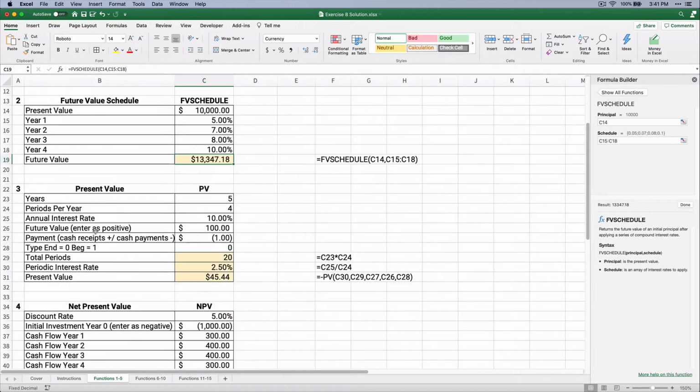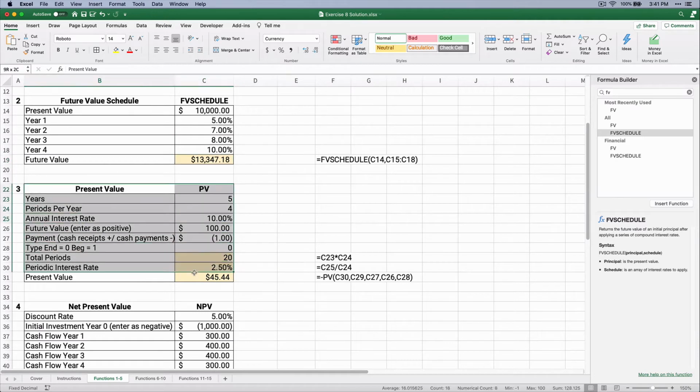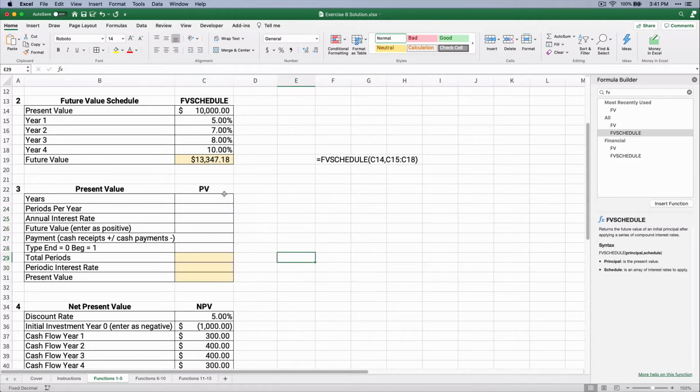Now, another one that's very, very common is present value. What is the present value of a future amount or a present value of a stream of annuities? All right, so let's get rid of all this, and let's just come up with our own little problem. Let's say for a period of 10 years, you're going to receive annual payments. The interest rate is, let's say, 7%.